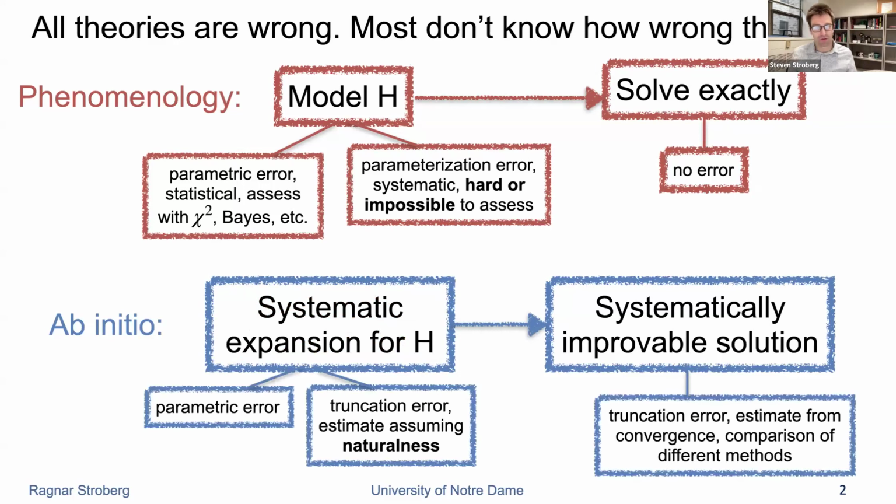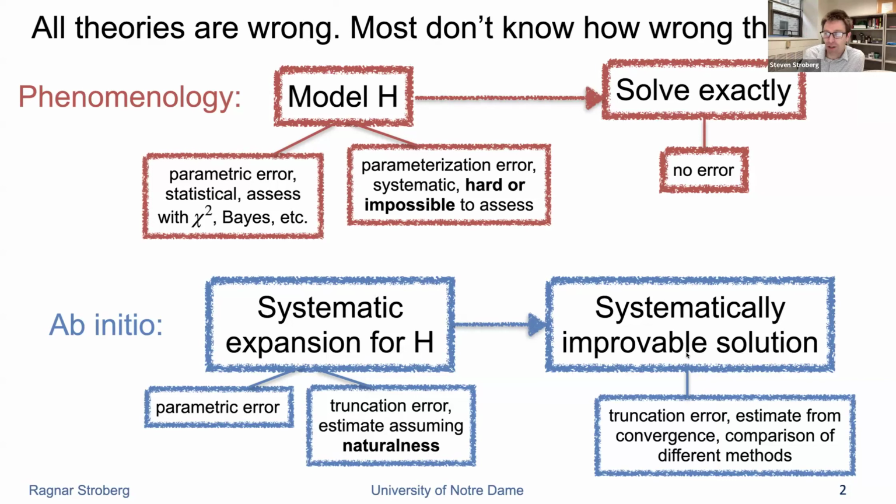When you do that, you'll still have some parameters, so there'll be a parametric error, and there'll be a truncation error. Now you do know what you've left out if you have a systematic expansion, so you can try to estimate it. To do that, you need a crucial ingredient, which is this notion of naturalness. That is, the coefficients of the things you have not included have natural size, so basically order one once you've assessed all the scales. That's crucial for estimating what you've left out.